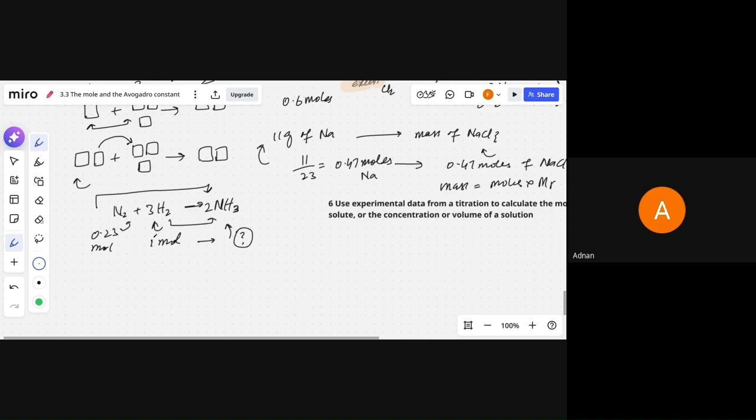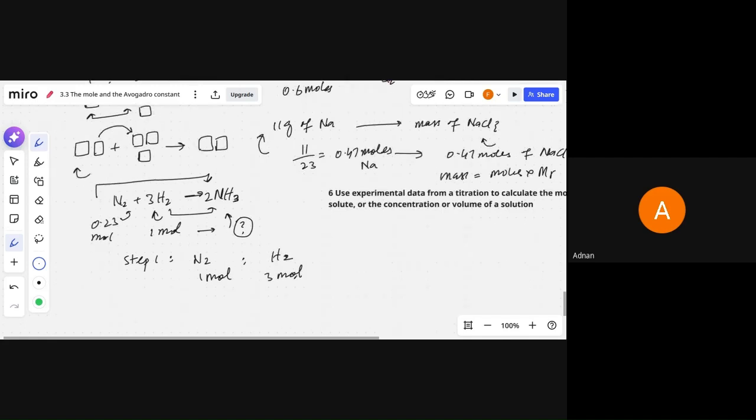So in order to find a limiting reactant, step 1, you write the standard ratio from the balanced equation. Nitrogen is 1 mole, and hydrogen is 3 moles. And now we cross check. Let's say we are using 0.23 moles of nitrogen, so how much hydrogen is actually required?